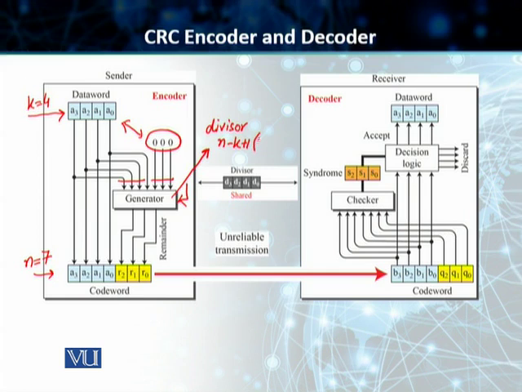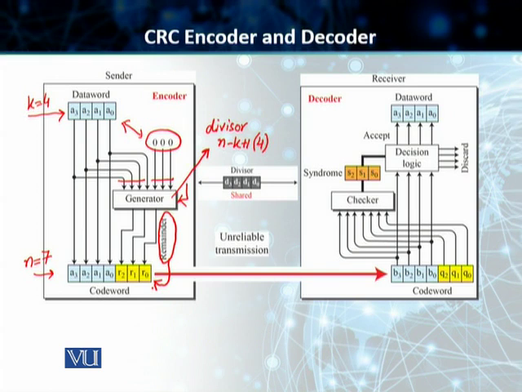In this case, this size is going to be 4. Students, whatever the result is, we will discard the quotient and take the remainder, and this 3-bit remainder will be added to our data word, and this will make our code word which we are going to send over to the receiving side.